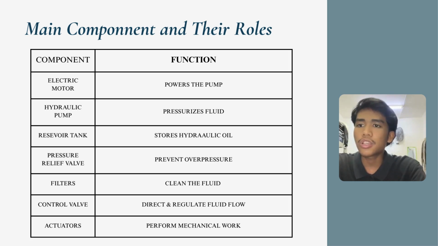The next is the pressure relief valve, to prevent overpressure. Next, the filter, to clean the fluid. Next, the control valve, to direct and regulate fluid flow. And the last component is the actuators, whose main function is to perform mechanical work.